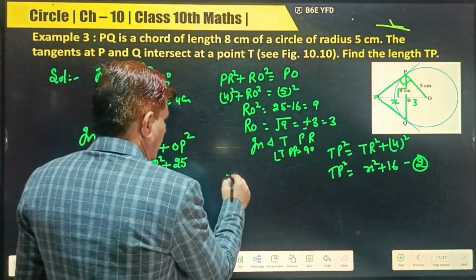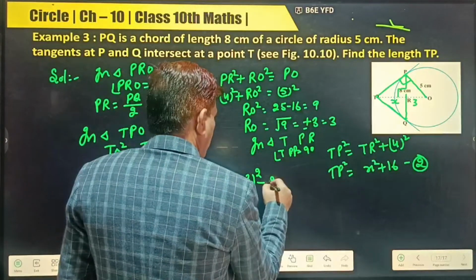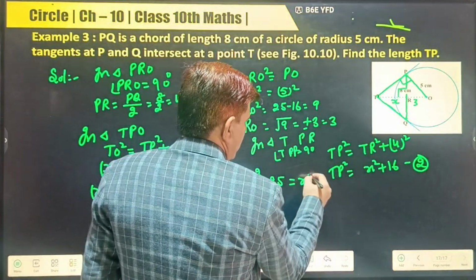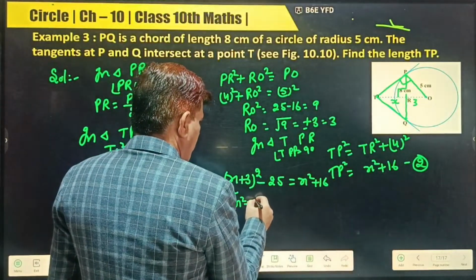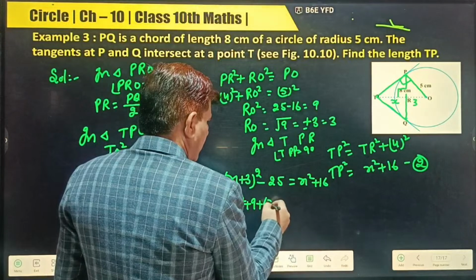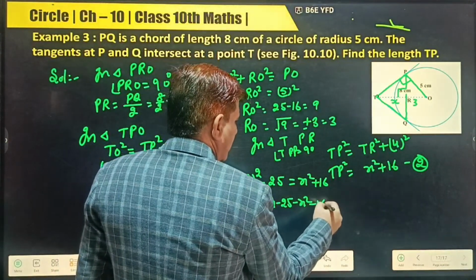So x plus 3 whole square minus 25 is equal to x square plus 16. Solve it. x square plus 9 plus 6x minus 25 minus x square minus 16 equal to 0.